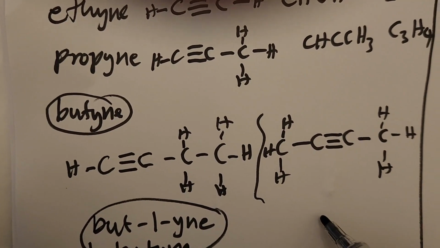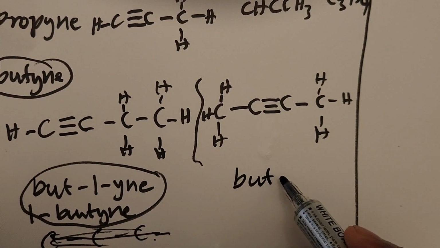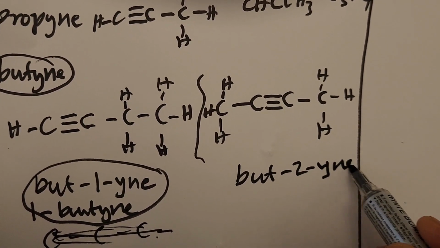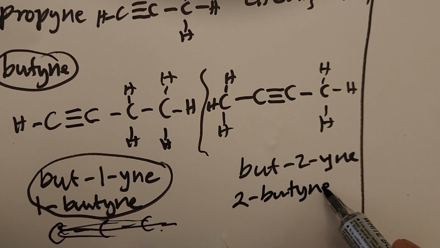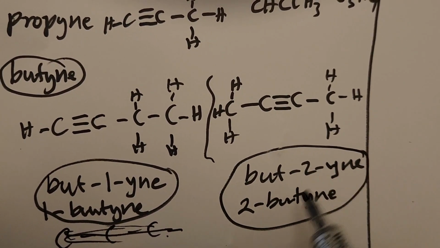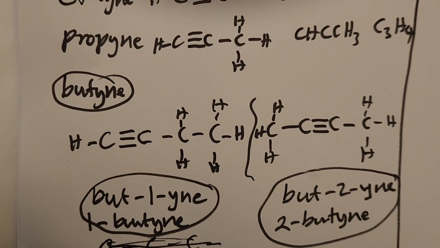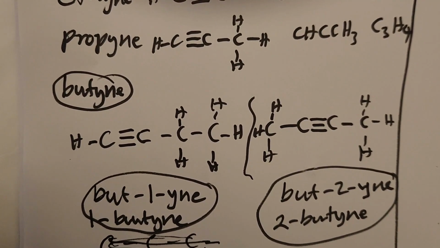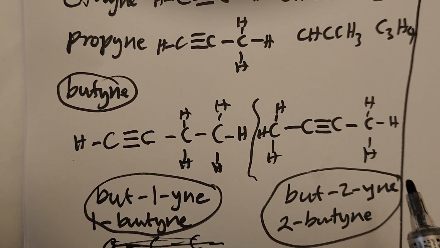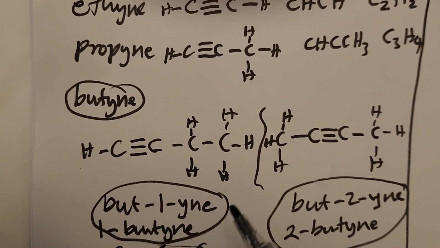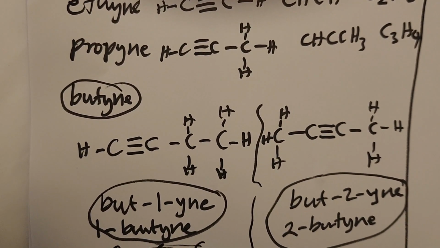The second one will be either you call it but-2-yne or 2-butyne. Therefore, both of these will have the molecular formula of C4H6.